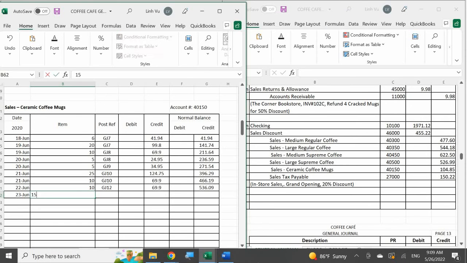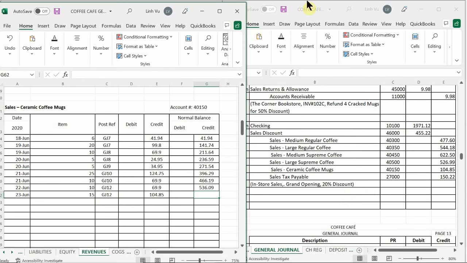No worries. 15, which I sold for a total of $104.85. So that should give my account balance to be $640.94.